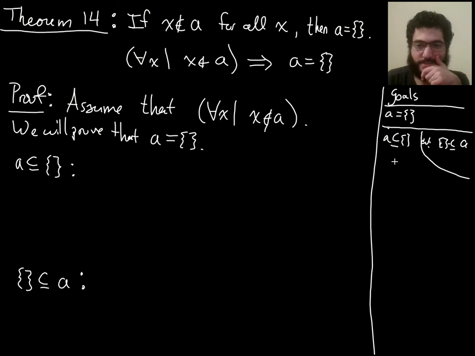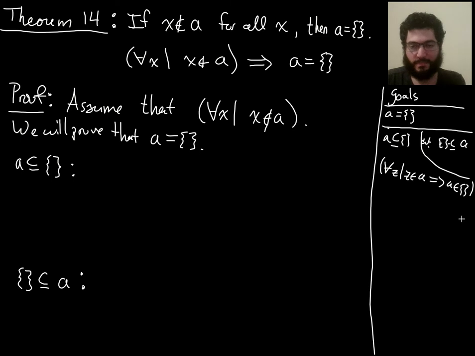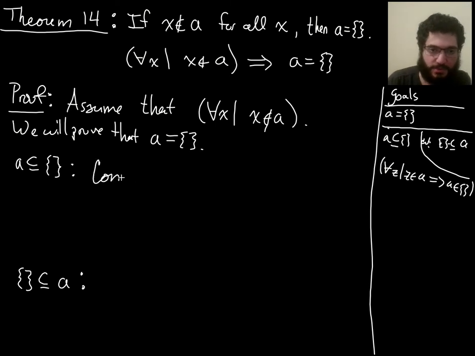A is a subset of the empty set. That means I need to prove that for all elements of A, they are elements of the empty set. Okay, interesting. To prove a universal like that, I should do a UG, universal generalization kind of argument.